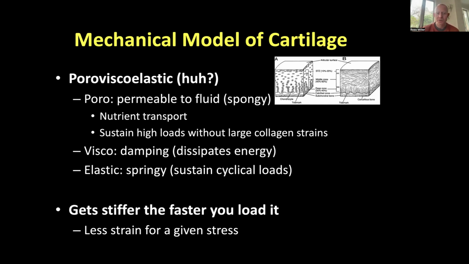It's also important for mechanical reasons, because this is how cartilage is able to withstand high loads without undergoing large strains of the collagen. This is hard for me to demonstrate without making a mess. I've got some water here, but I'll make a mess if I try to do it. But think about taking a solid material, like a sponge, and trying to squish it with your hands.